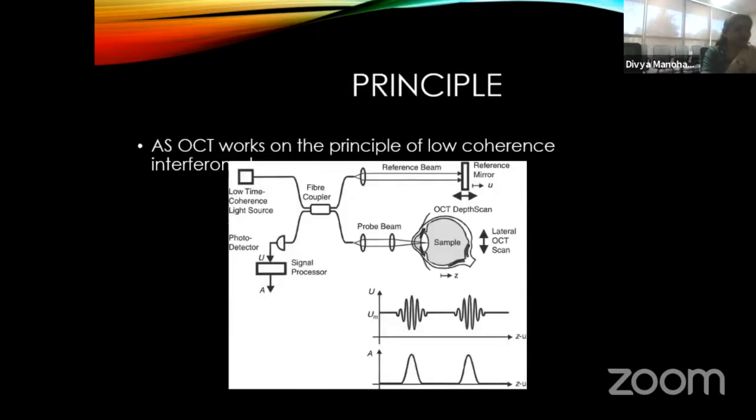It works on the principle of low coherence interferometry, which is the technique of superimposing two or more waves to detect the differences between them. It works because two waves of the same frequency with the same phase will either add on to each other, or they will subtract.